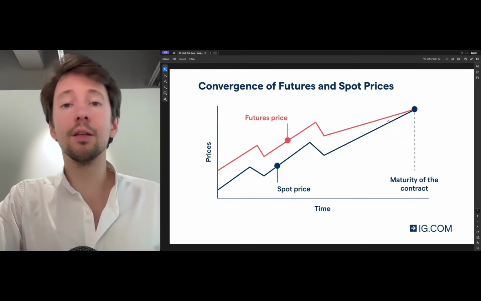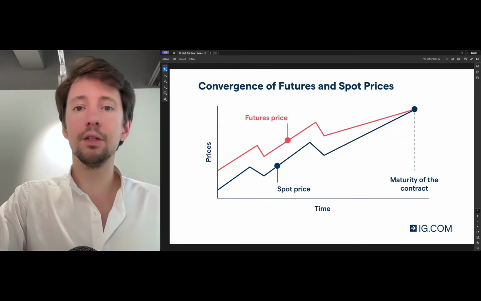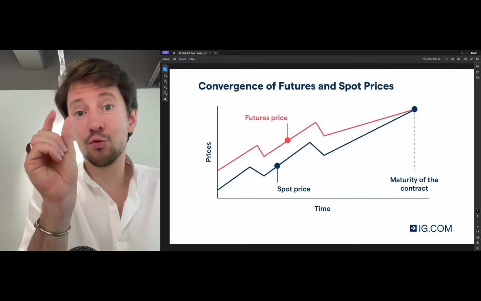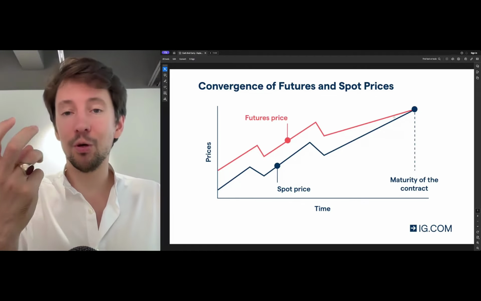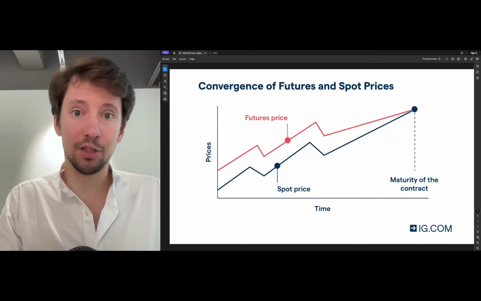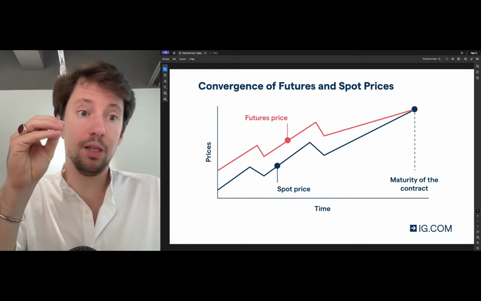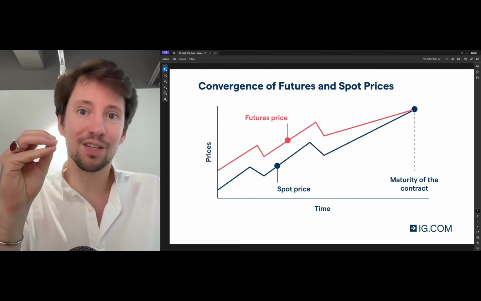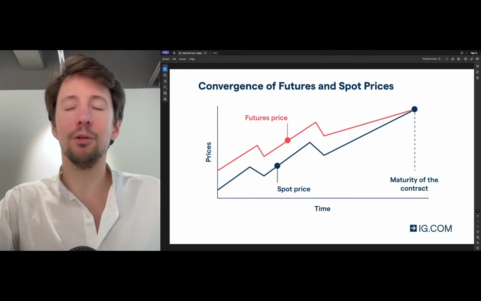And then maybe 2 months and 3 weeks in, there's only 1 week left, and the price difference is even smaller because there's really only 1 week of time component left. And then you wait until actual maturity, until actual expiry. There the prices should be either extremely close to each other or precisely the same.